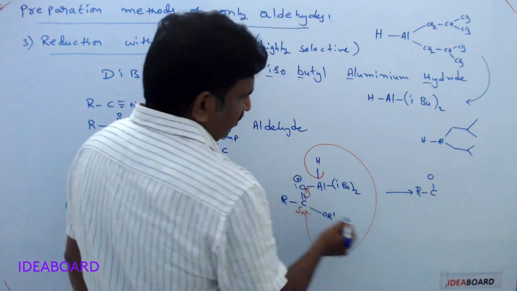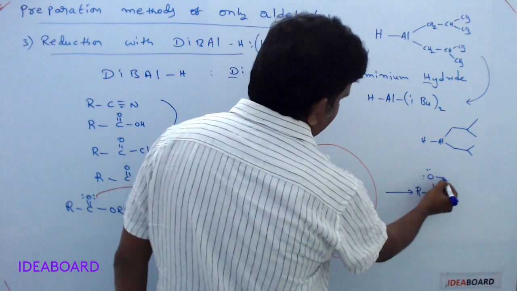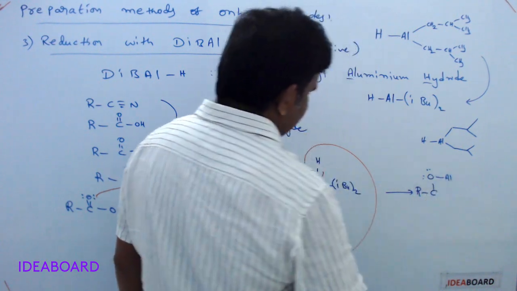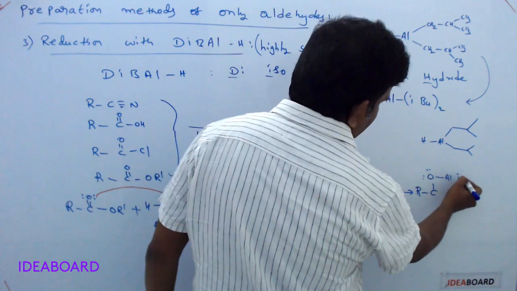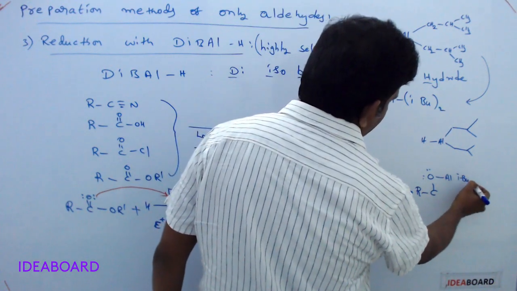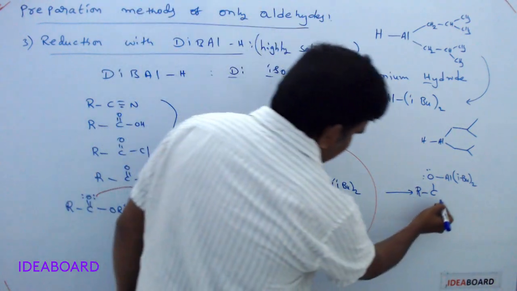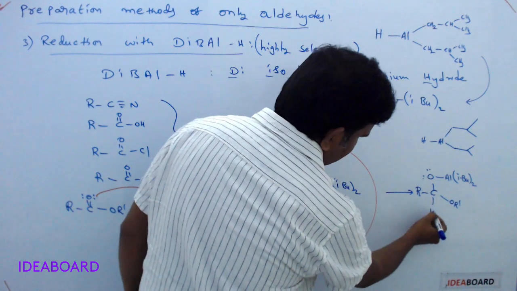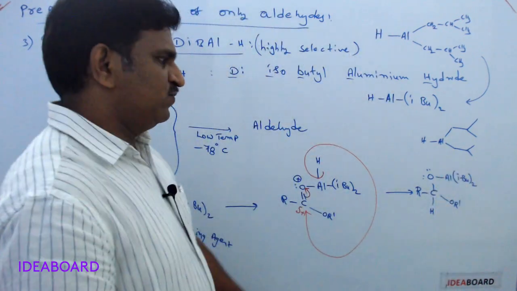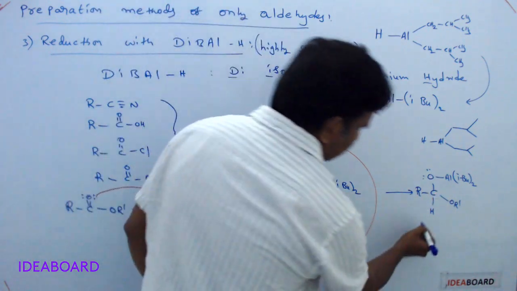Now it has two lone pairs, and a bond with aluminum, and the hydrogen bond is dissociated. The isobutyl groups are present as they are, and OR' is also present. This is the reaction intermediate, the tetrahedral reaction intermediate.